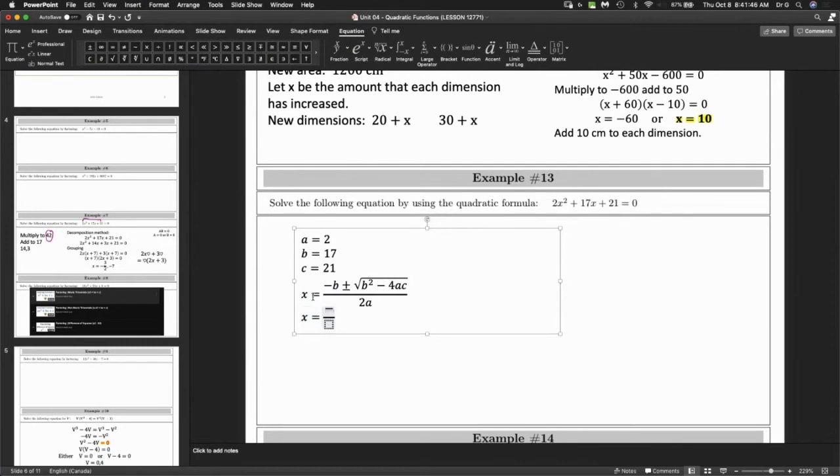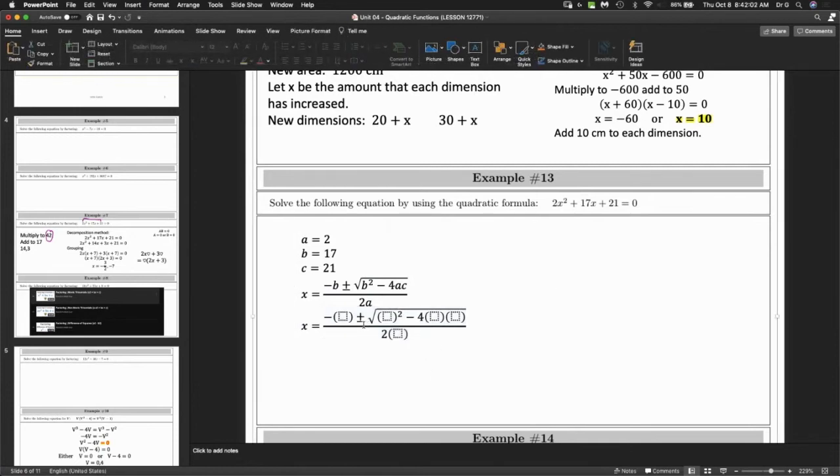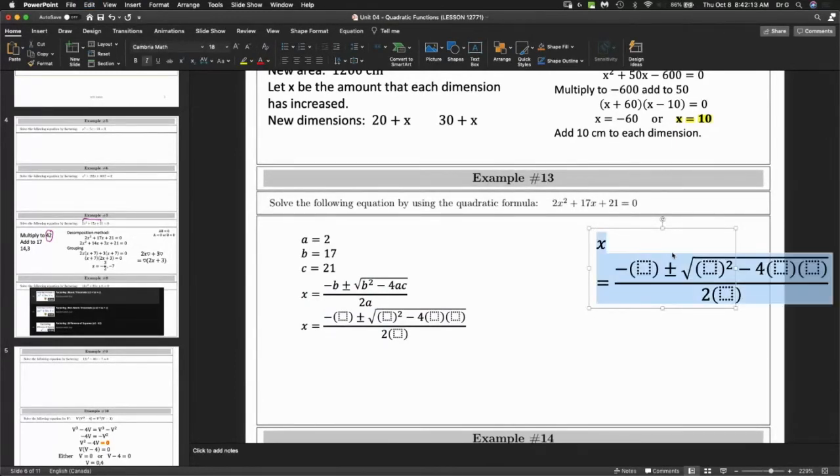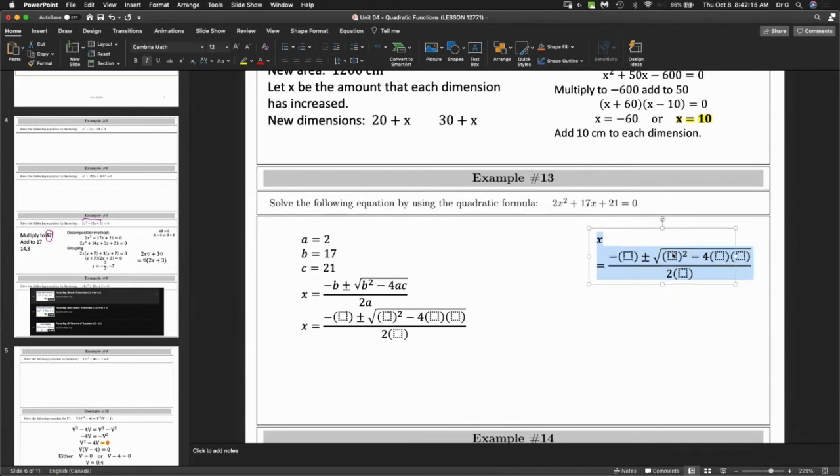So when I get the quadratic equation, the first thing that I do is I set up a template, just like that. I make a little template for myself, and I'm just going to put the template here because we might use it later today. I'm going to keep this on standby for later.